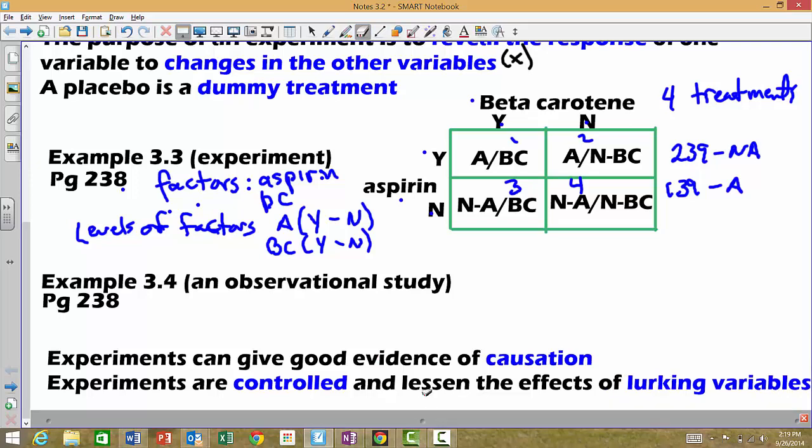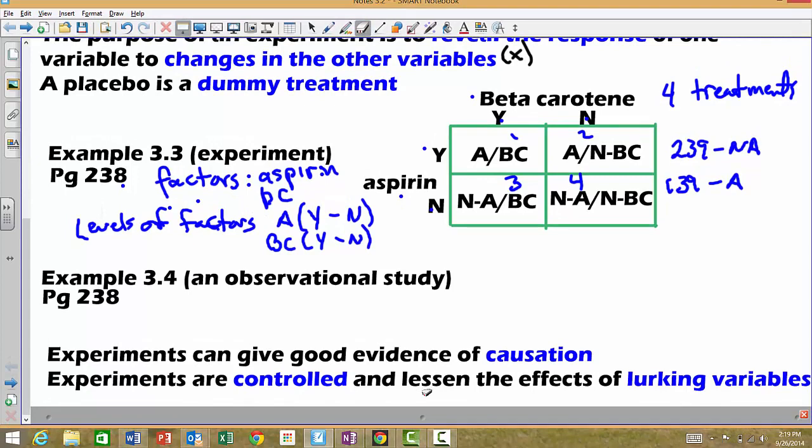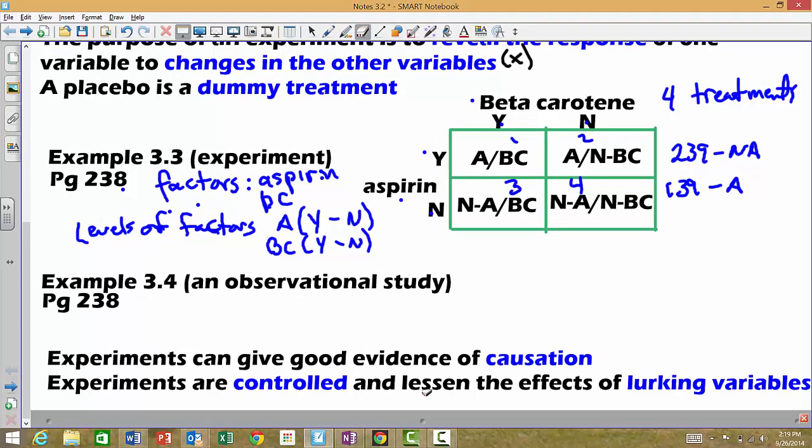So in a controlled environment, we want just that treatment to cause any changes. So we said when we were dealing with R squared in Unit 2 that everything not attributable to X, like if there were 95% of Y can be explained by X, we said that other 5% caused by lurking variables or other factors. The purpose of an experiment is to narrow those down to the point where only the X is causing the change. Okay, so experiments are controlled and lessen the effects of lurking variables.